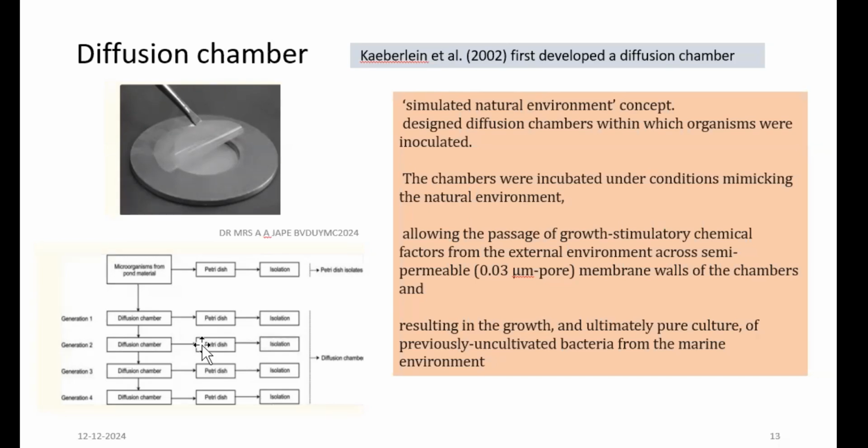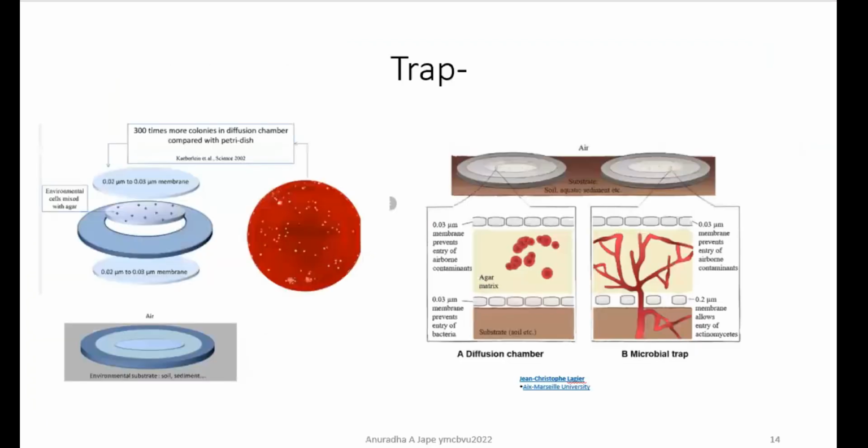It is just a method, and to understand how long it takes, or what kind of incubation time it would demand, right? To get a new isolate, or the growth of the colonies which were earlier not growing. Now this is another design of the trap that we were talking about here. So in addition to the diffusion chamber, what you are seeing here, you are going to have semi permeable membranes of different pore sizes, all right?